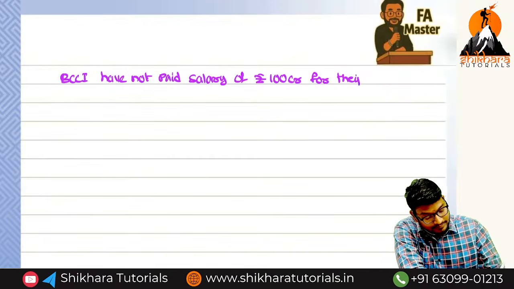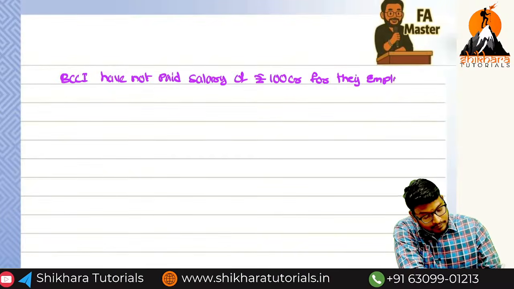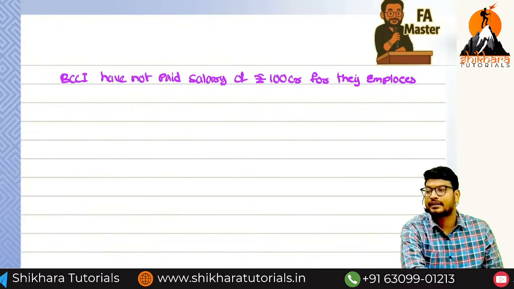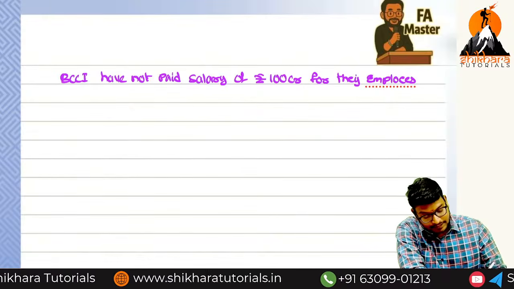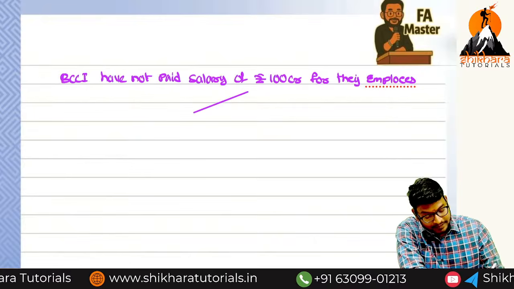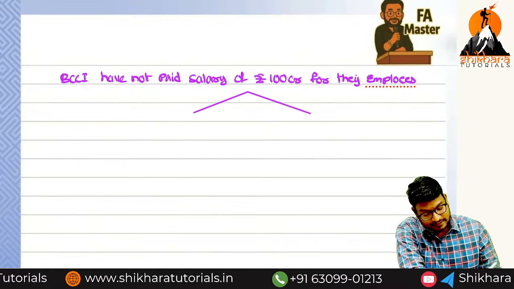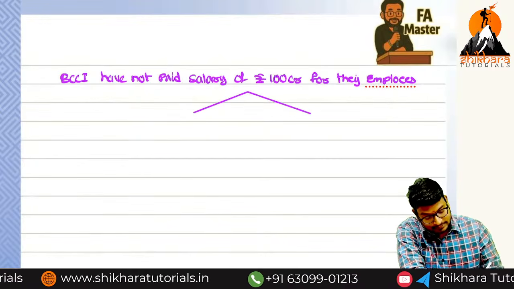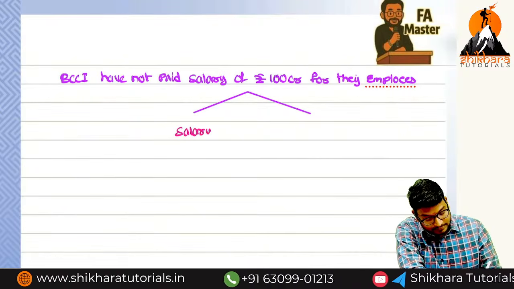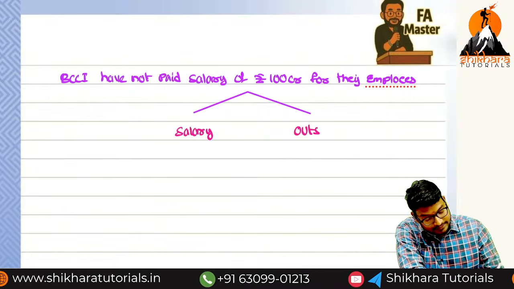Who are the employees? Nothing but team players. Now what are the two outcomes? Paid or not paid? Not paid. So that is the reason the two outcomes here are salary and outstanding salary.